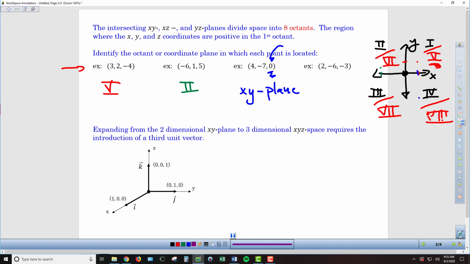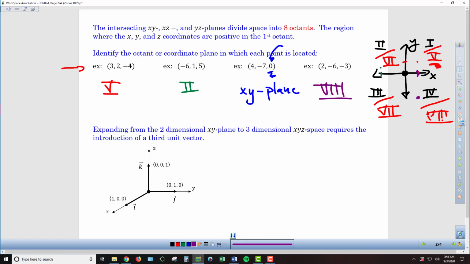But if we jump to the last one, in purple here, so we're 2 in the x direction, so again we'll just estimate that to be there. Negative 6 in the y direction, let's say that's here, so that would be our xy location, and now with a negative 3 z coordinate we're going to be going down underneath the xy plane that we see here, so then that puts us in octant 8.